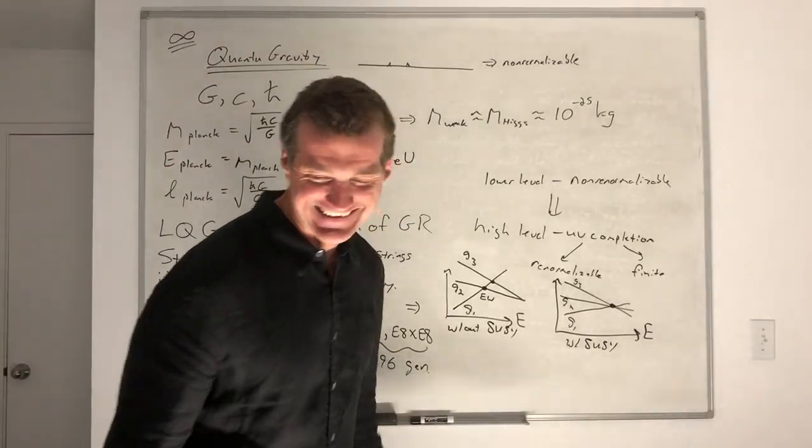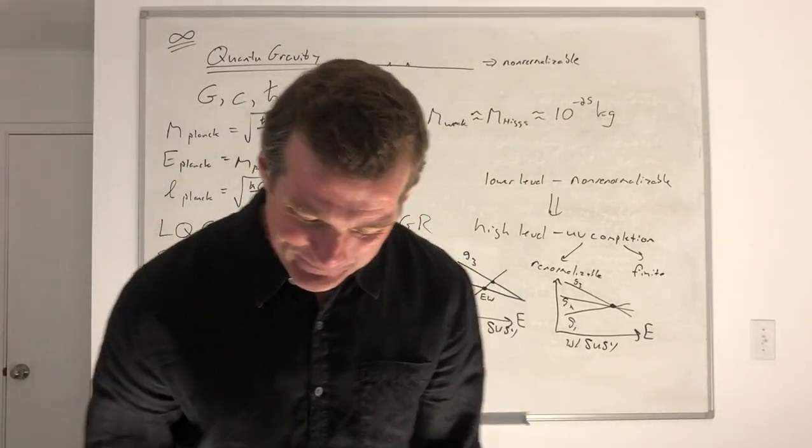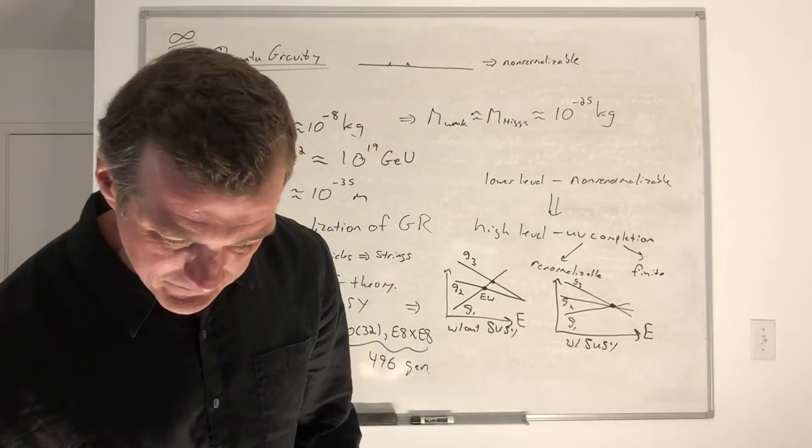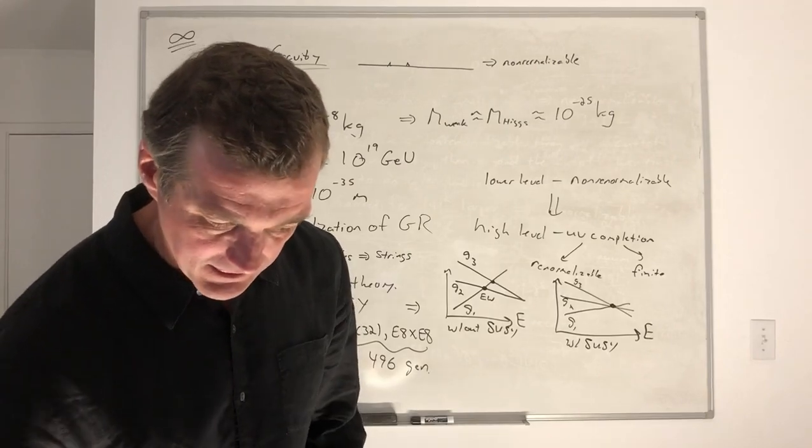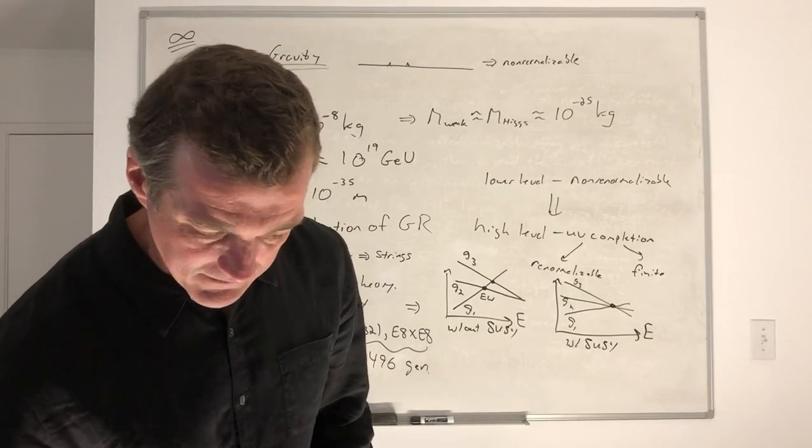Question? With supersymmetry, when the weak and electric couplings meet at electroweak unification, don't they then run with a single coupling up to higher energy scales?